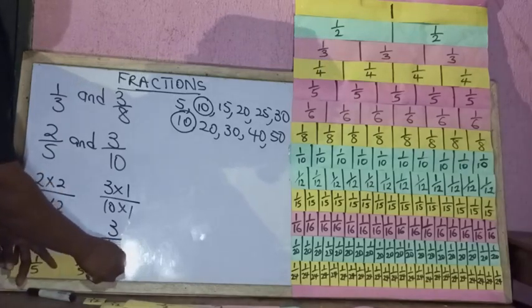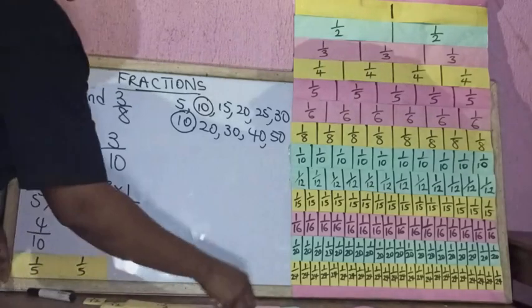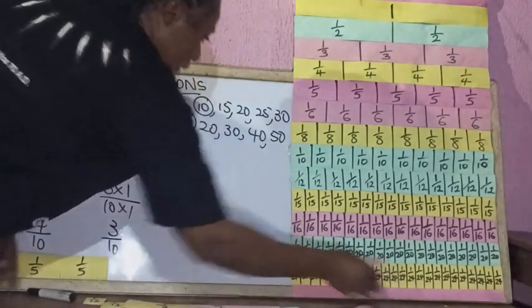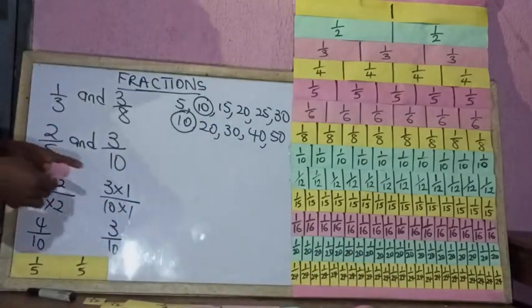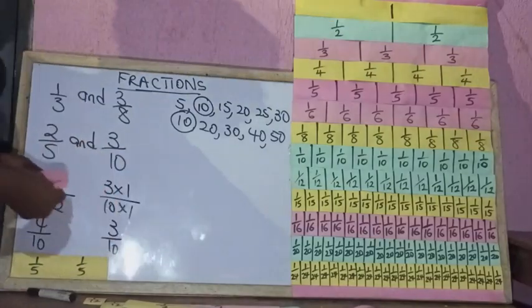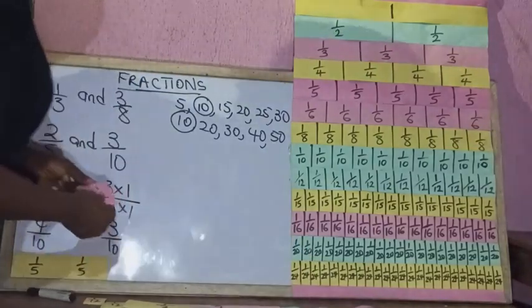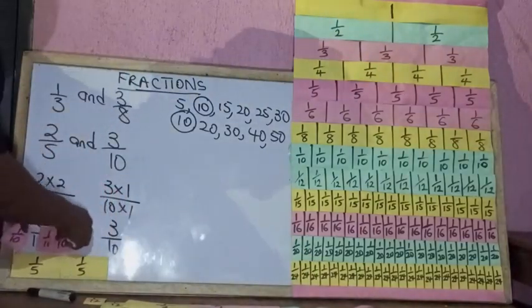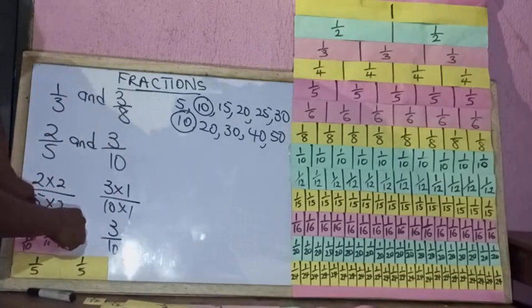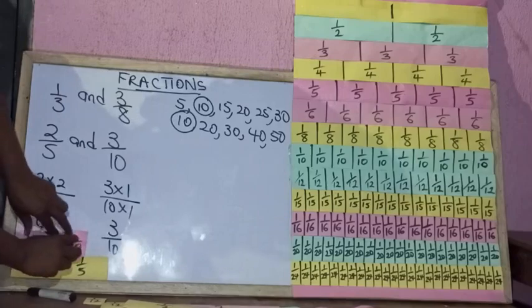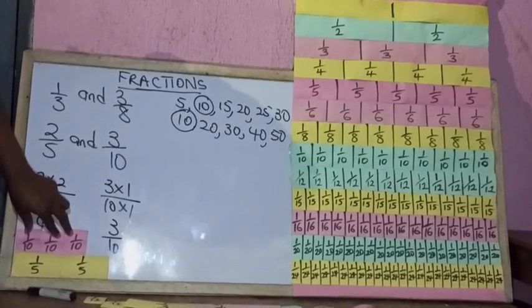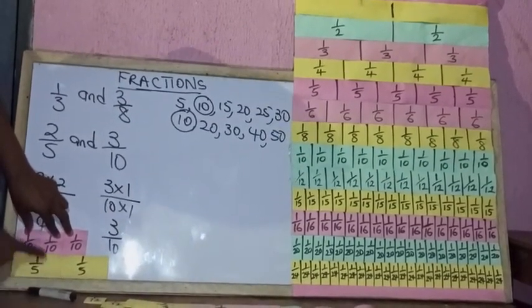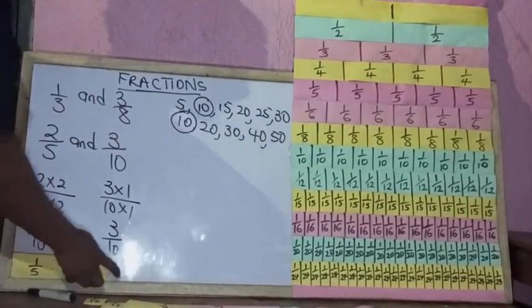We want to get 3 over 10 and compare. See what is happening there. Remember, we have concluded that 2 over 5 is bigger than 3 over 10. But we just want to see what we'll get by this inspection and observation. Now, you can see that actually 2 over 5 is bigger than 3 over 10.